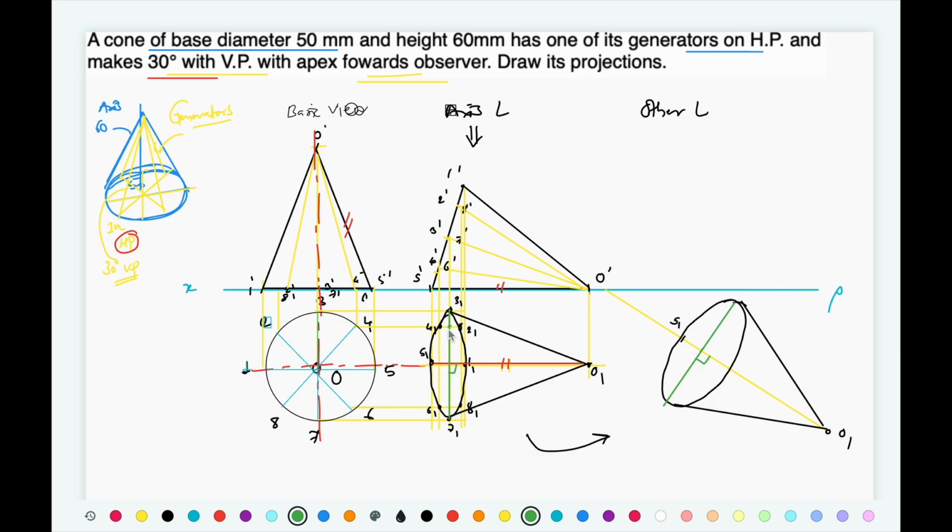On that line, mark those intermediate intersection points. So one point over here, one over here, one over here, one over here, one over here, and from those lines draw a line perpendicular to the basic line.